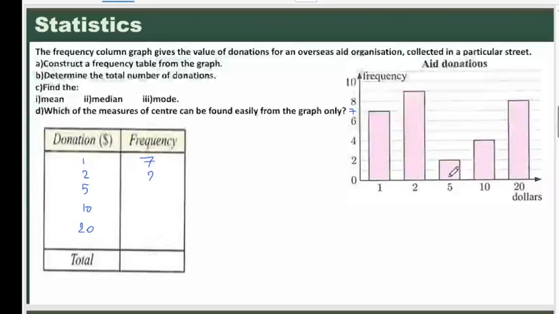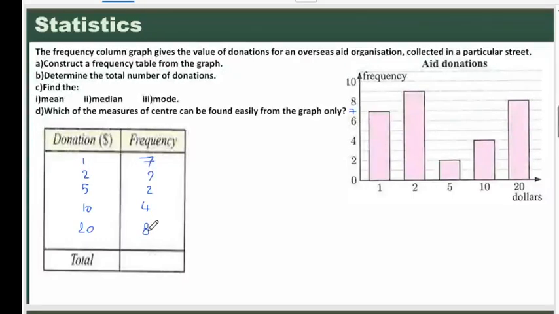How many gave $5? 2. How many gave $10? 4 people. And how many gave us $20? That would be 8.